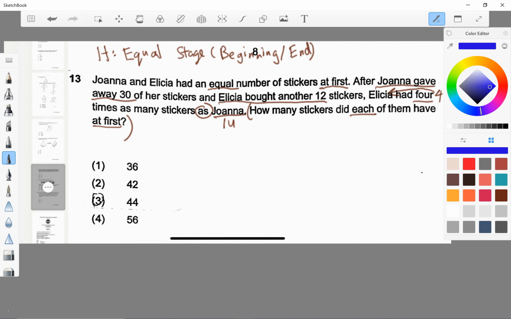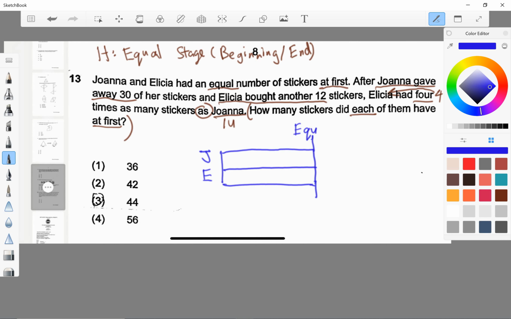I will just straight away draw a very simple model which goes like this. J for Joanna, E for Elisha. I will draw a rectangle of a good size. I would then cut the rectangle into 2, and I like to extend the lines up and down, and this is where I'll write the magic word equal.